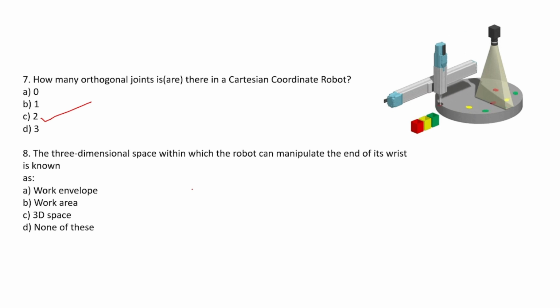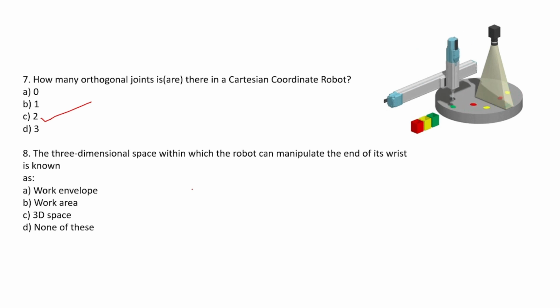That's the reason the work envelope is an important consideration while selecting a robot for a particular application. The robot must have a work envelope large enough to reach all the points in the work area and perform the required tasks. It may need to be configured, for example, to avoid obstacles or work within a limited space. So that is the overview of the work envelope.